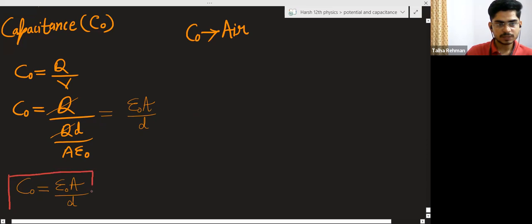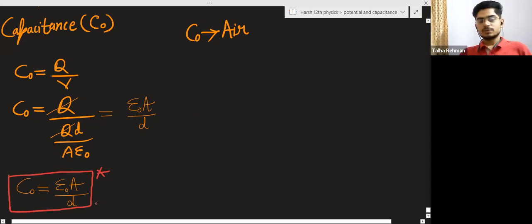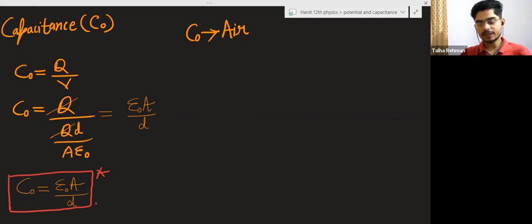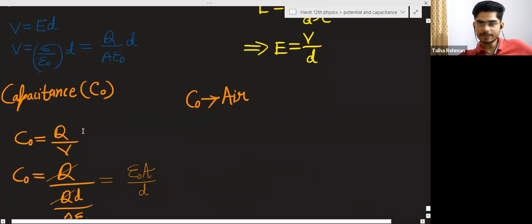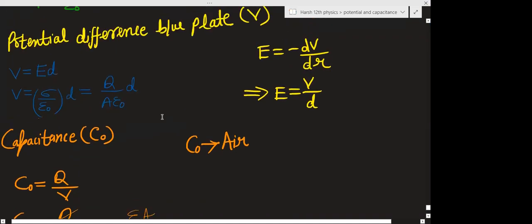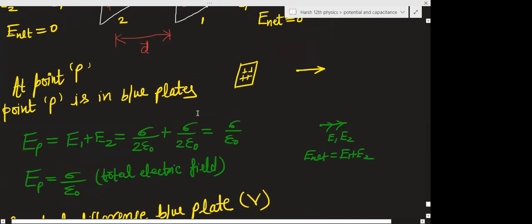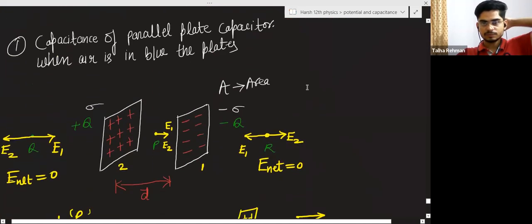So please learn this formula. C naught is the capacitance of a parallel plate capacitor when air is between the plates. We also know the formula capacitance equals charge by potential, Q by V. So please write it down.